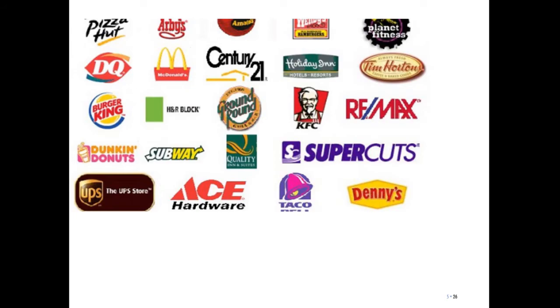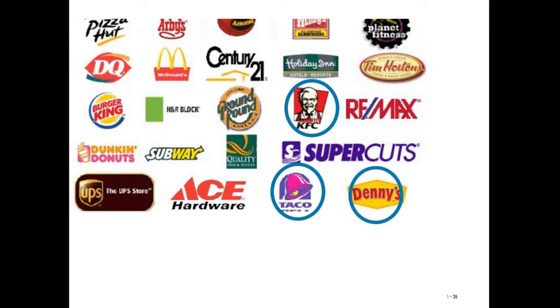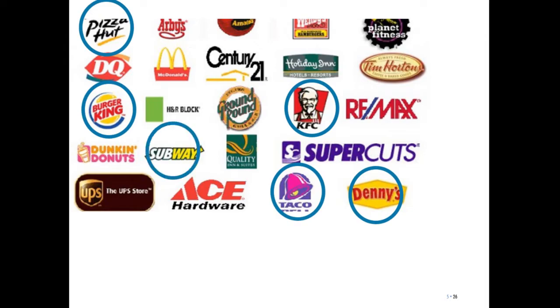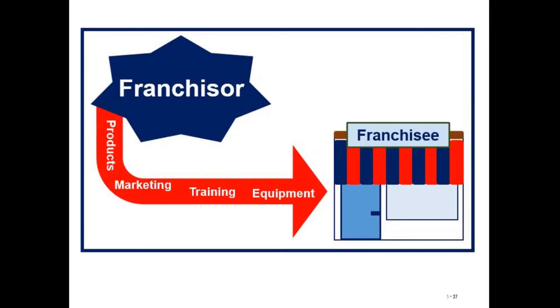I hope you recognize many of these brands: KFC, Taco Bell, Denny's, Pizza Hut, Burger King, Subway. What do these companies have in common? Yes, they are all from the US, but they are also franchising throughout the world. So what is franchising?